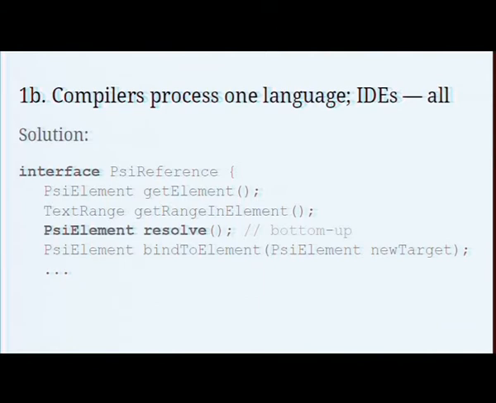And if you call the most important method of it, resolve, it will work for some time, and then it will return you the element where this reference points to. And that's how go-to-declaration works. You just press a shortcut, and it finds the reference at this correct location and invokes resolve, and then navigates you to the PSI element.